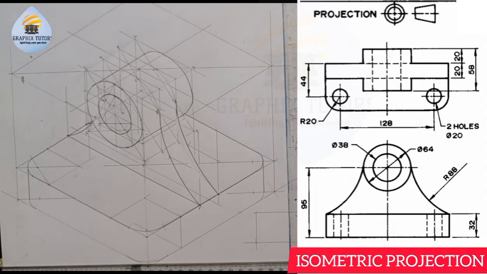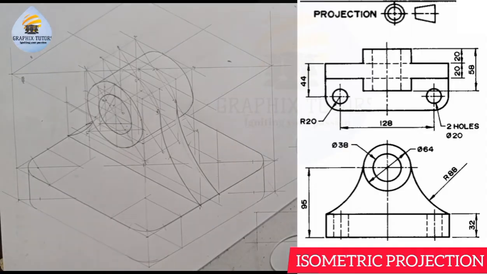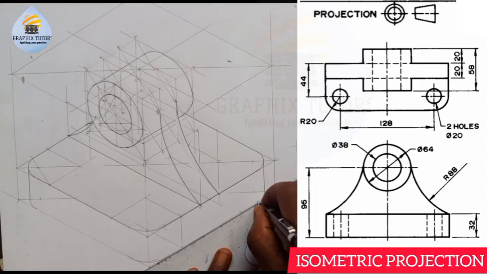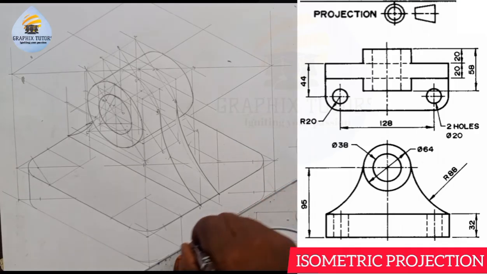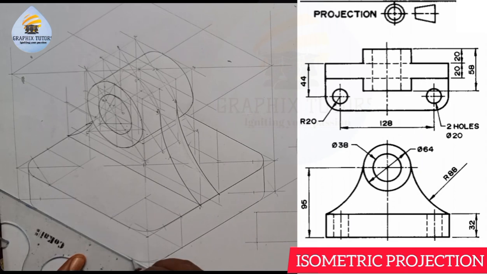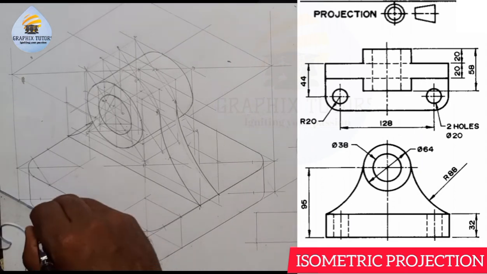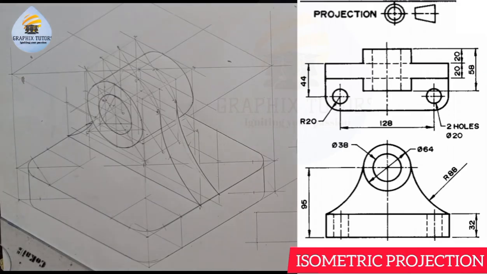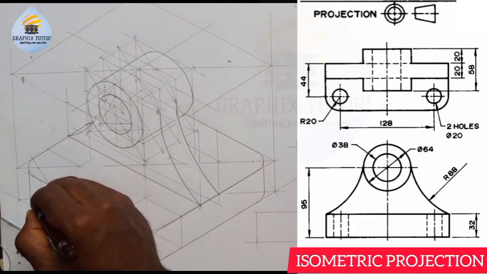Right? And I can easily close it up and also close it up. Right? And I can easily take in here. Use a French curve.